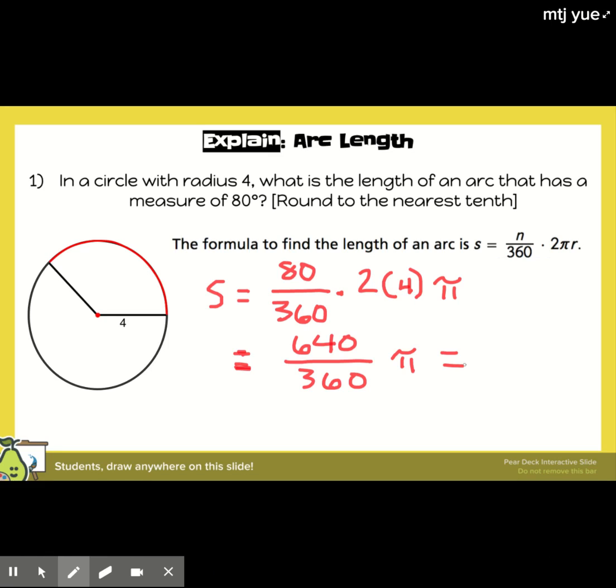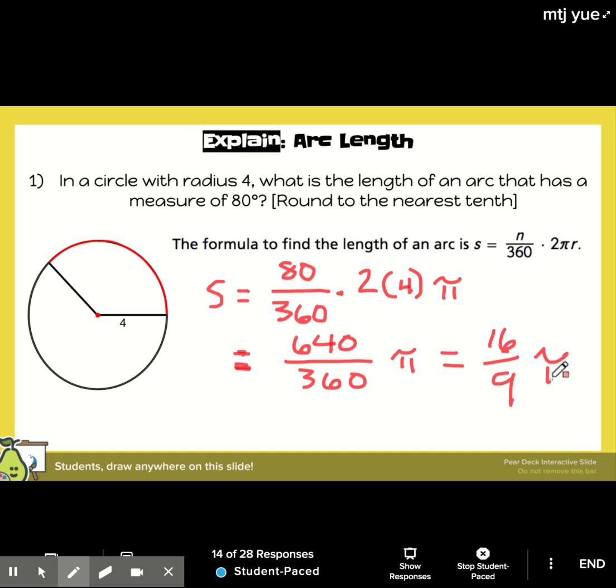So you can figure out what multiples of 640 are, right? So if I do 640 divided by 8, I get 80. Then I break 80 down, and we'll end up with 16 over 9 pi. So the answer here will be 16 over 9 pi, right?